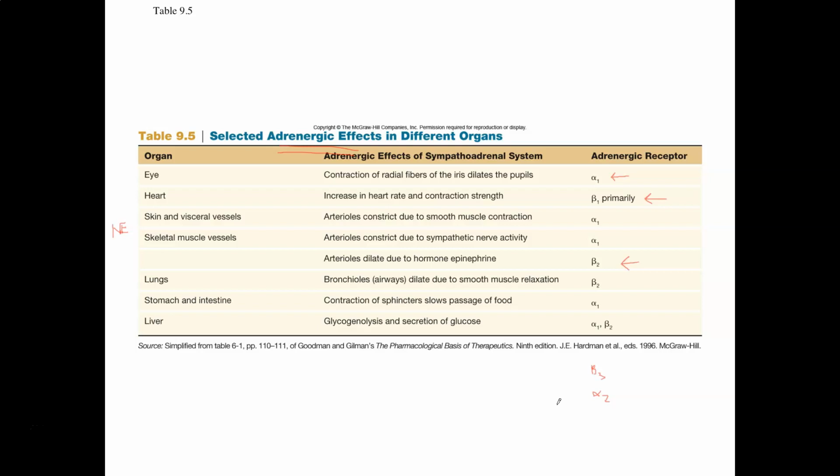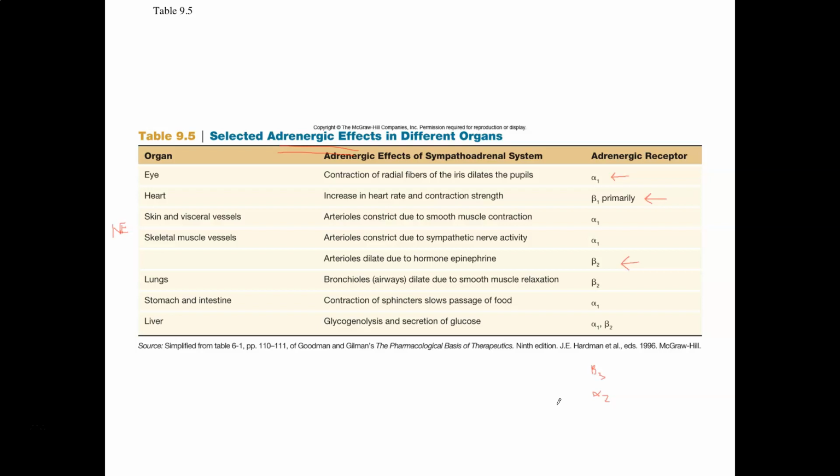When you think about beta 2 receptors, I would focus on things like bronchial dilation, opening up the respiratory system, being able to breathe better. This would be vitally important for somebody in an anaphylactic shock situation. You hear about epinephrine pens, right? Giving them an epinephrine shot, opening up the lungs, helping them to breathe.